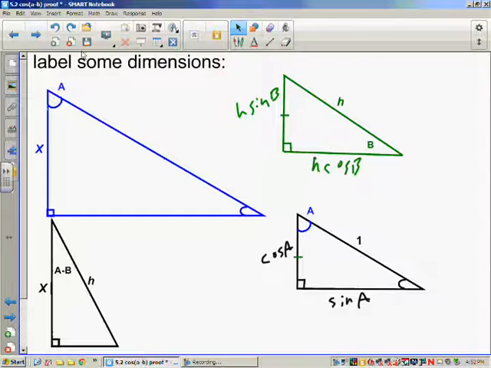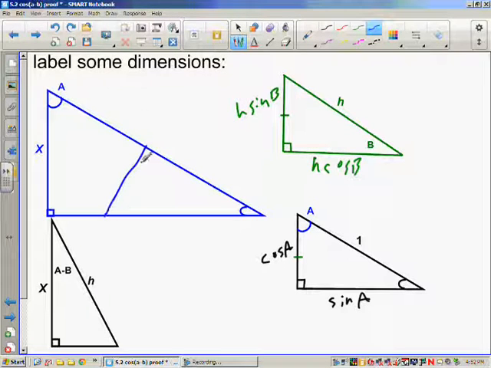So I can take some of the information I've just found here, and I can say that if I had some kind of a perpendicular here, this length here, we had decided was going to be the base here, H cos B. And if I add the base of this triangle, sine of A, I get the total length of this hypotenuse. You might want to go back and check that makes sense to you, but it is accurate.